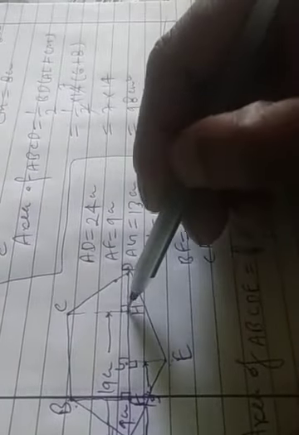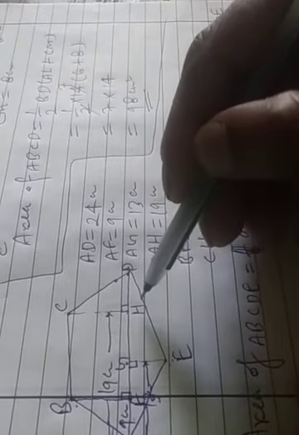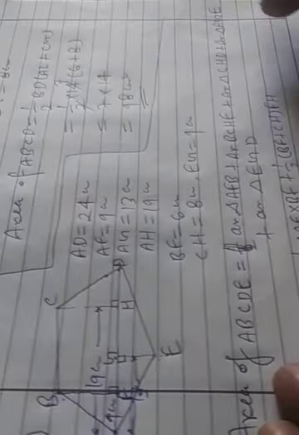And for area of triangle CHD, this is the base and this is the height. We can write 1 by 2 into HD into CH.